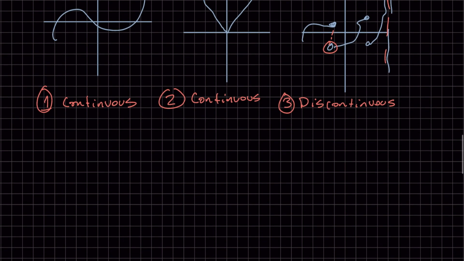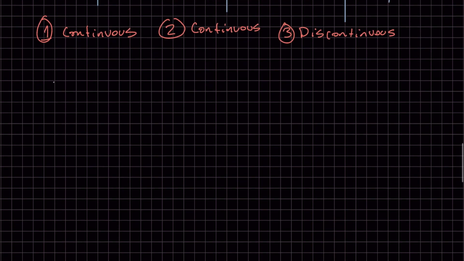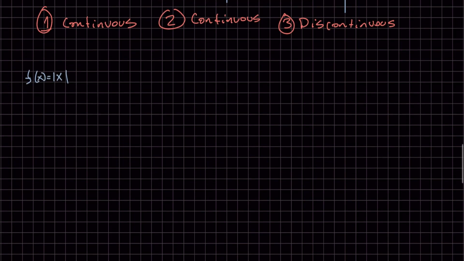We have this middle function here, which I said was the absolute value of x. f(x) equals the absolute value of x. Let's graph it a little better. Right, and this function is the absolute value of x.